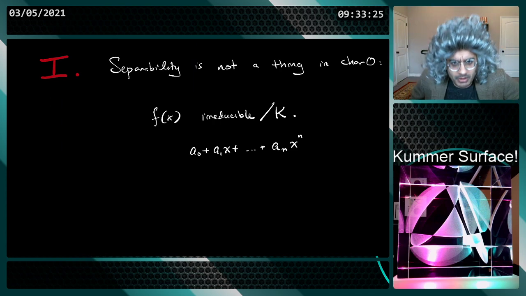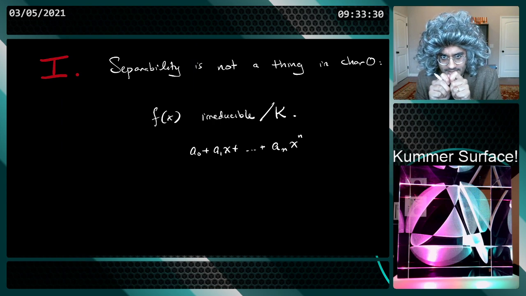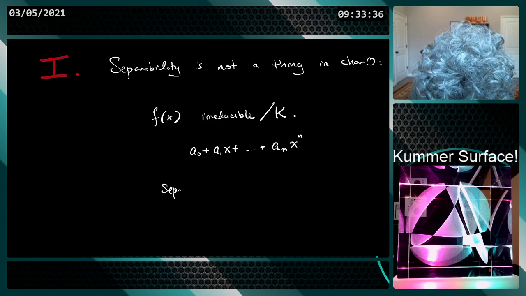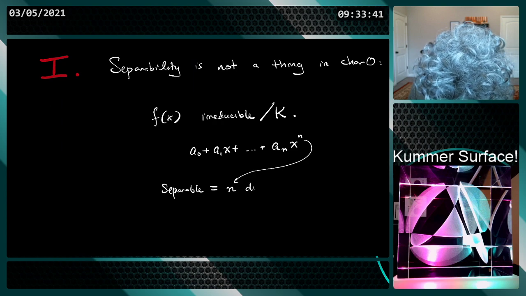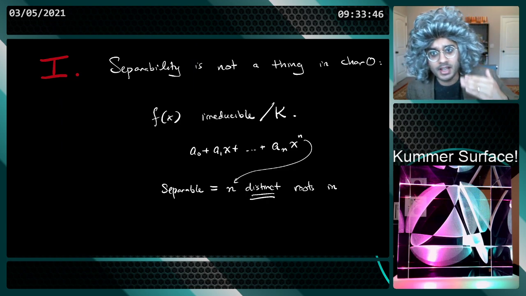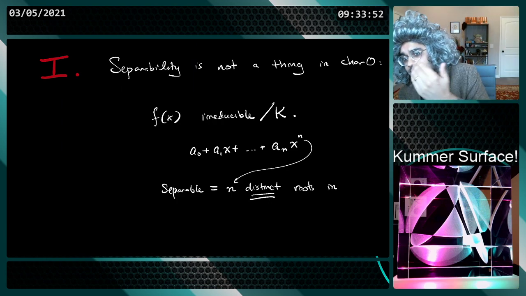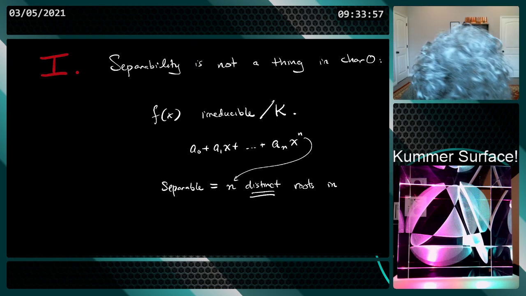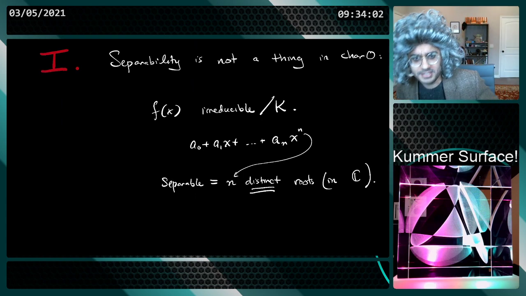It's separable if it has n distinct roots. Right now our fields live in an ambient world called C, but in general it's inside what's called the algebraic closure of K. That's what separable means.